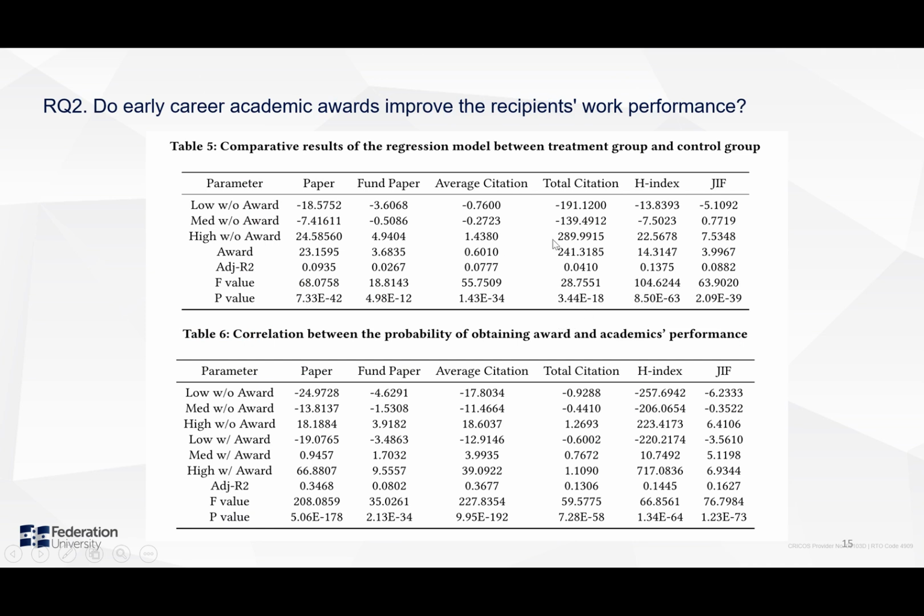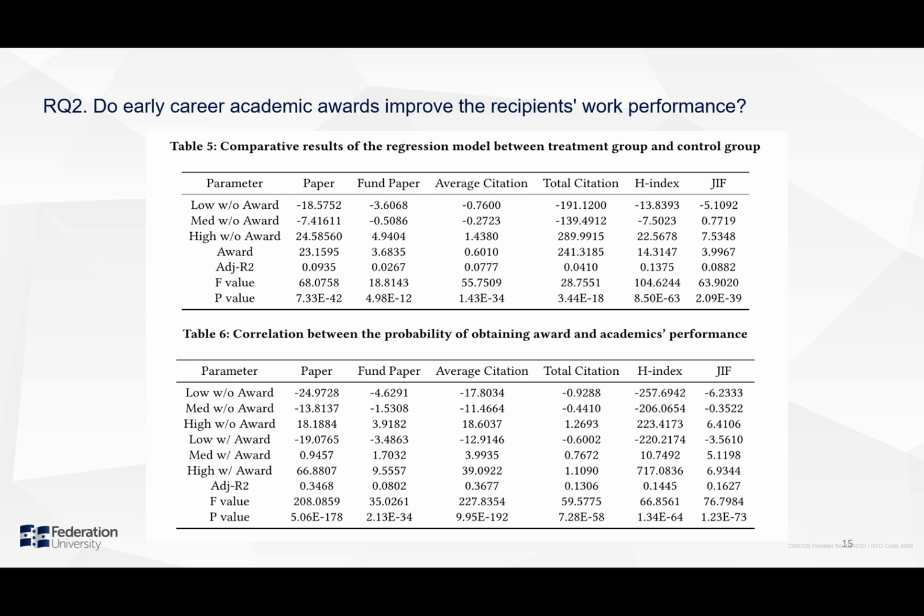Here, Table 5 and Table 6 answer the two questions we just proposed for research question 2. In Table 5, we can see that the coefficients of low and medium probability academics in the control group are significantly lower than those in the treatment group. But the coefficients of high probability academics in the control group are slightly higher than those of academics in the treatment group.